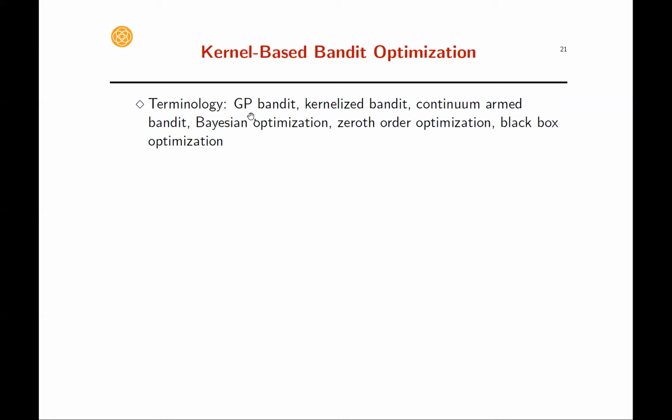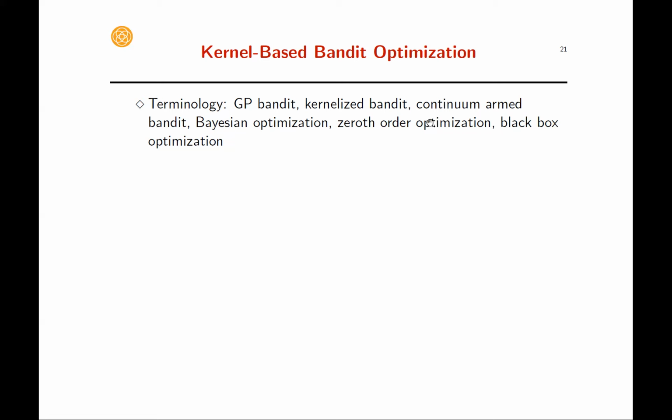Some people, mostly in machine learning, refer to this as Bayesian optimization because it's a way of optimization where we use a Bayesian model. Some people call it zeroth order optimization in contrast to first order optimization. First order optimization refers to an optimization where we use first order information, in other words, the gradient.